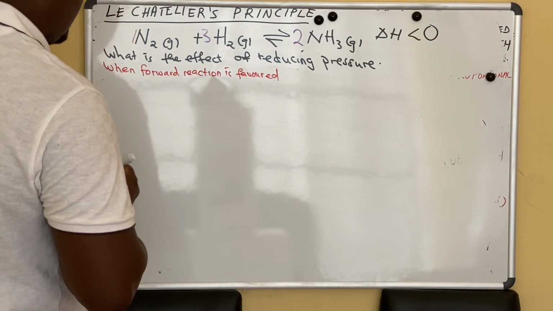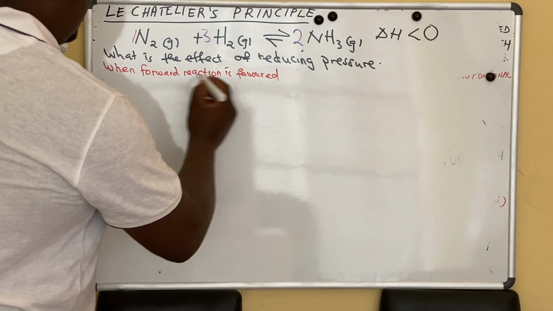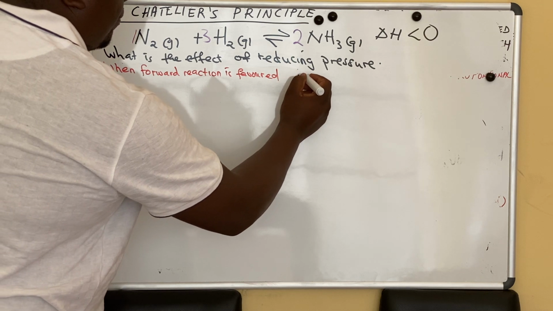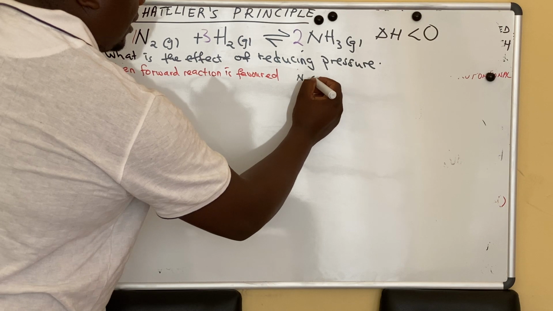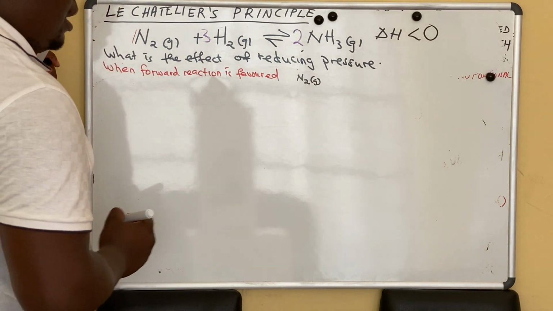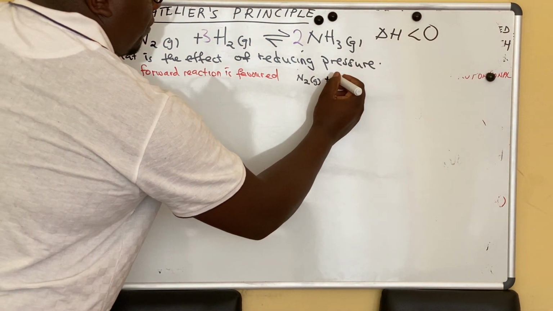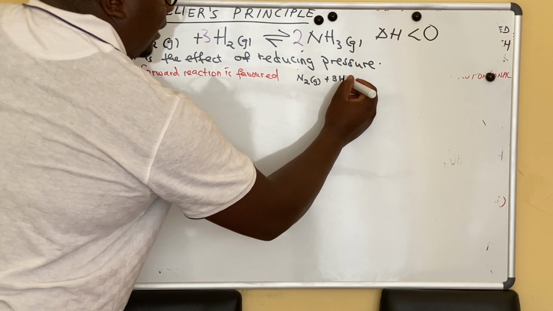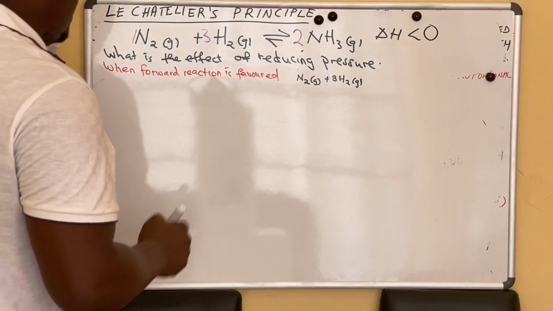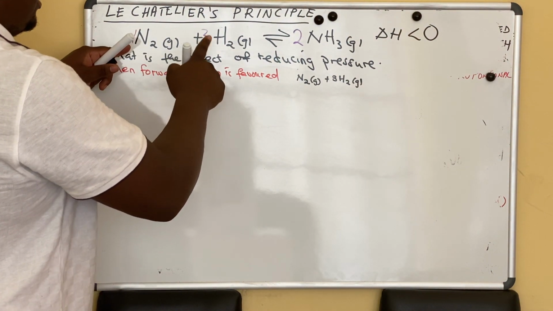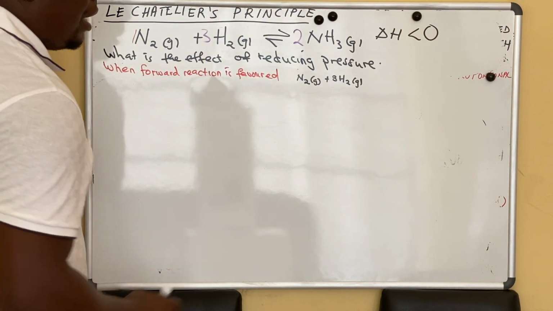When we favor the forward reaction, it simply means we are going to have a little bit or very small amounts of nitrogen gas. And we are going to have very small amounts of hydrogen gas. Because we are favoring the what? The forward. It means we are basically saying the nitrogen and the hydrogen, they are reacting to produce ammonia.